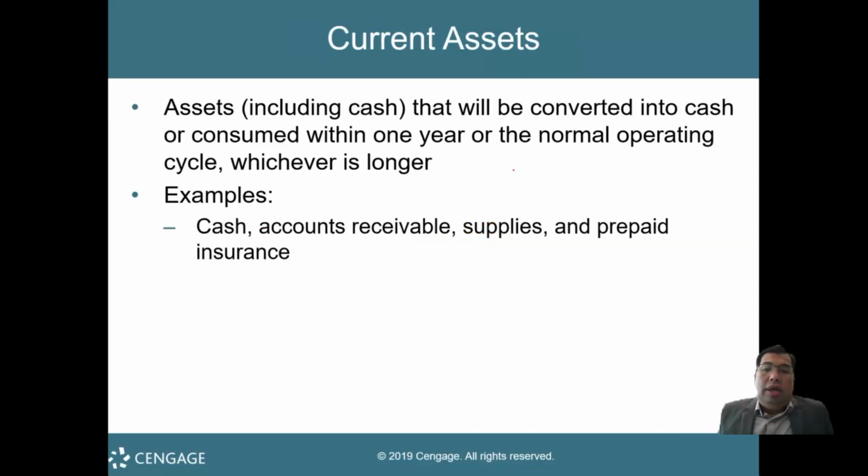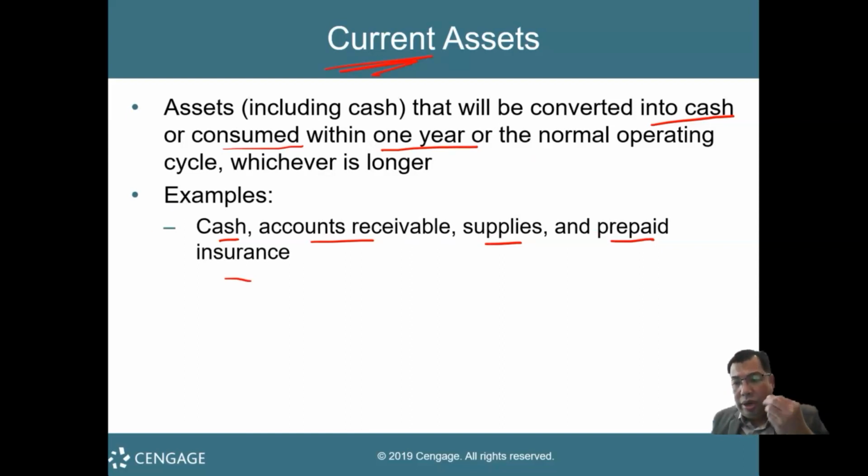So current assets are very liquid. They are assets that can be converted into cash or consumed within 1 year, or the normal operating cycle, whichever is longer. For example, cash, accounts receivable where you collect the money from your customer, supplies, prepaid insurance, all these fall under current assets.